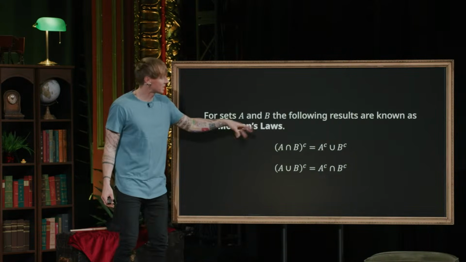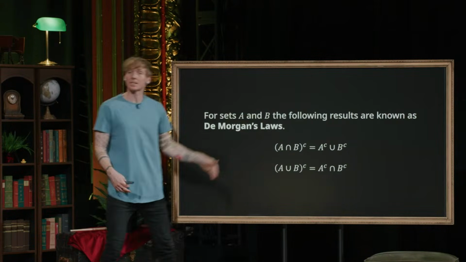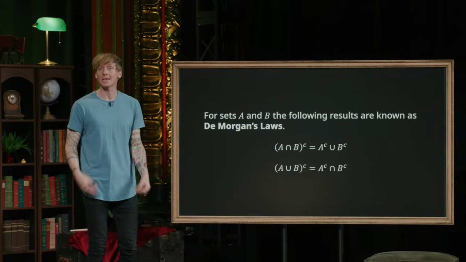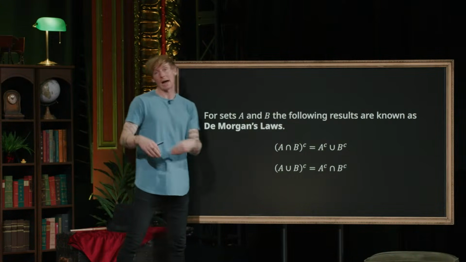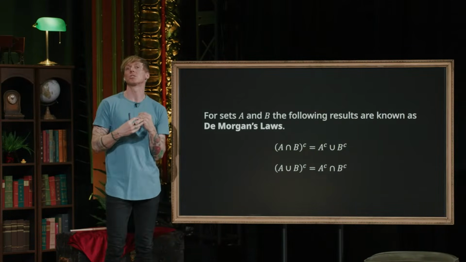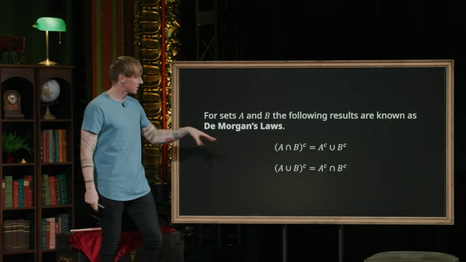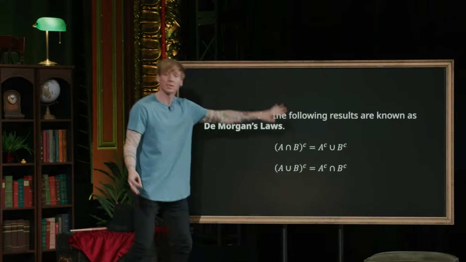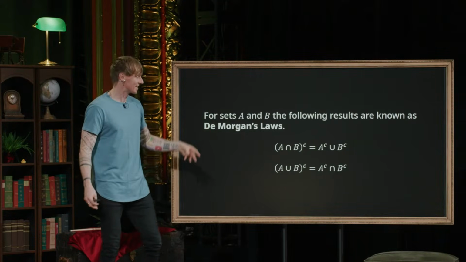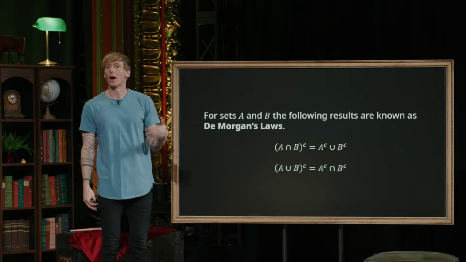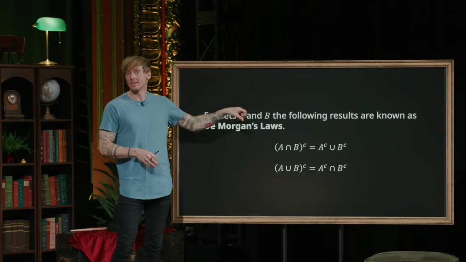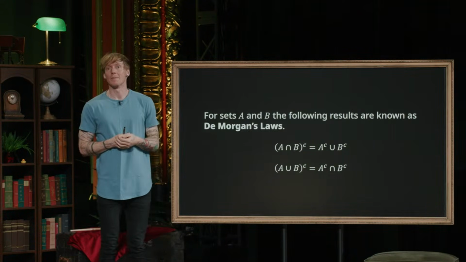So the first law here is saying that when you have A intersect B, so the overlap of A and B, and you want the complement of that, that's actually the same as the union of the individual complements. And the second law is telling us the complement of the union is the intersection of those individual complements. So there's a nice symmetry to these laws, which helps with remembering them.